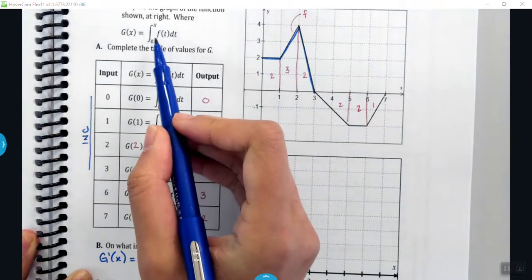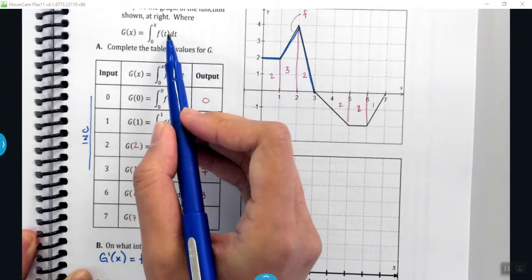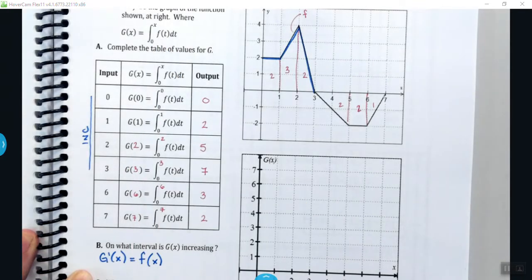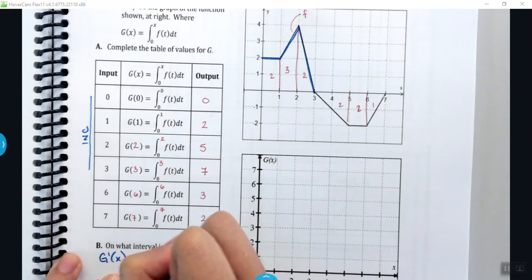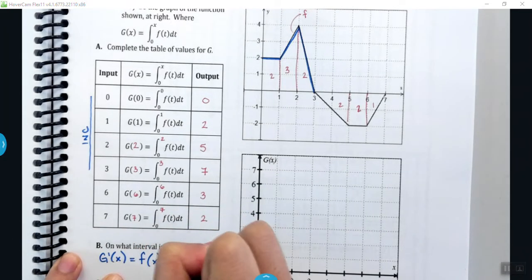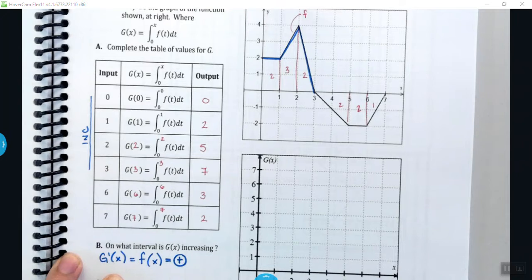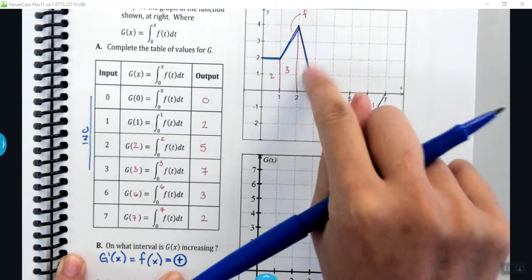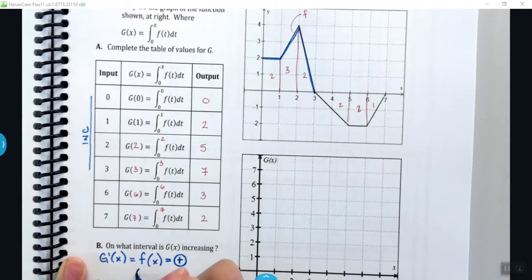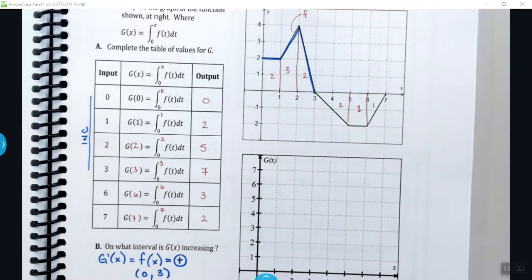And then times 1 minus f of 0 times 0, so that goes away. Okay, so if I want to know when it's increasing, I'm looking for when this is positive, right? So g prime is f of x is positive. Well, f of x is positive from 0 to 3. Everybody see that?